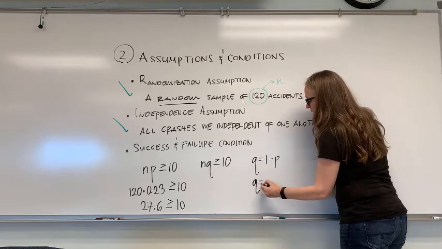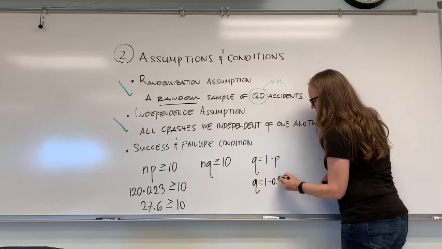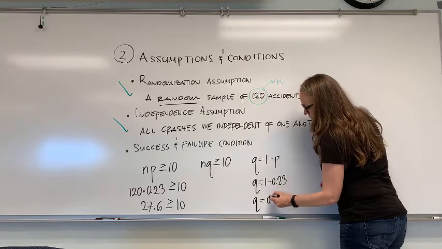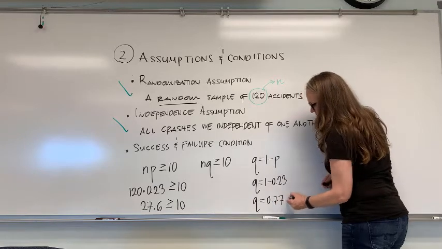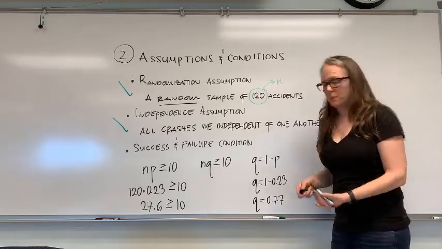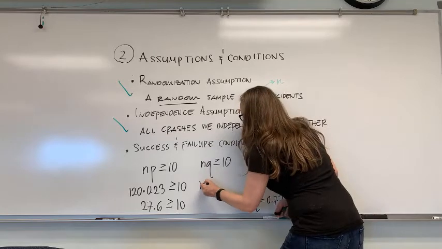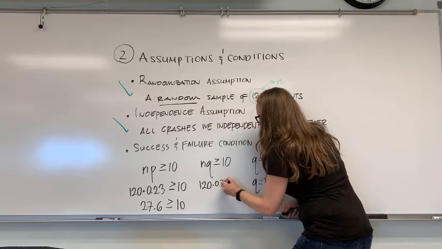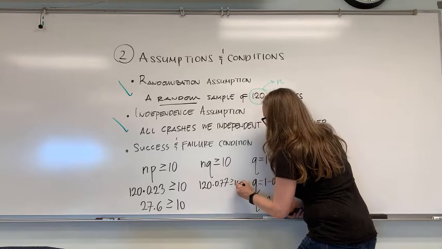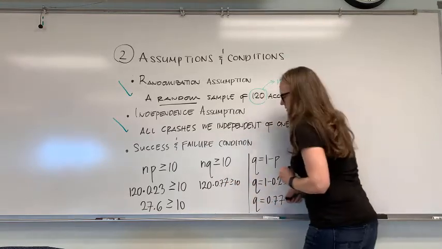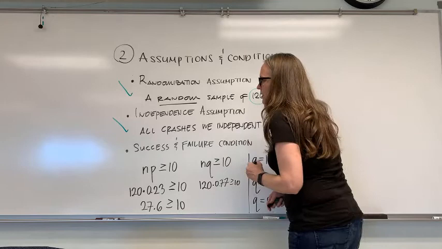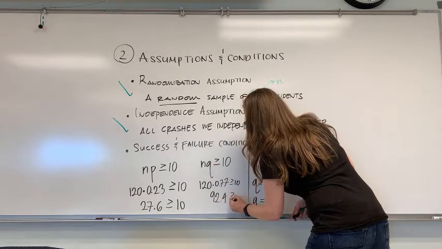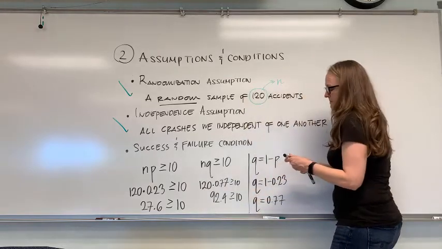So Q in this case is 1 minus 0.23, which is 0.77 or 77%. So now we'll take 120, multiply it by 0.77, make sure that's greater than or equal to 10. And that value is 92.4, and that is greater than or equal to 10.